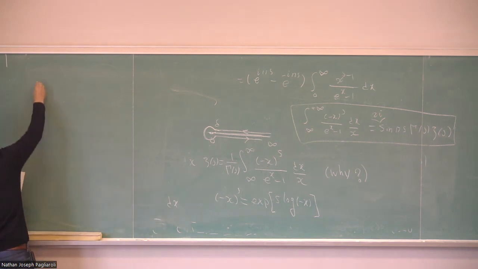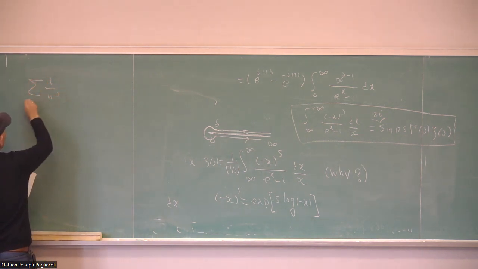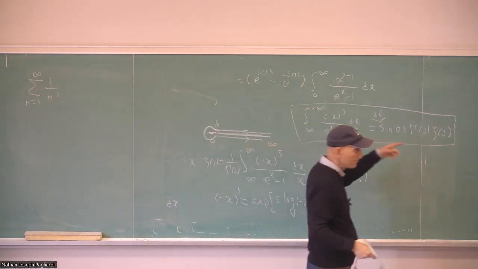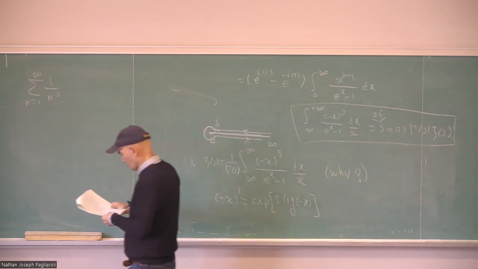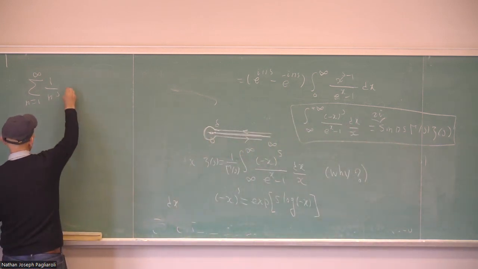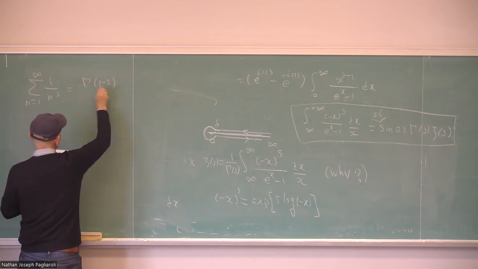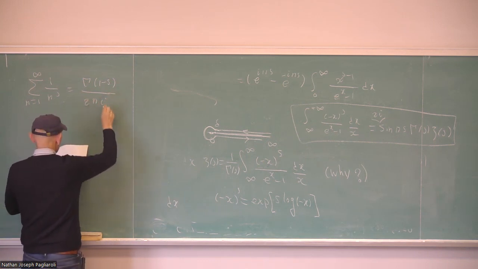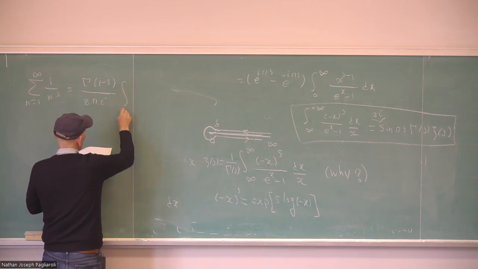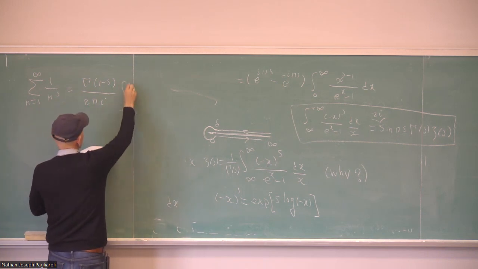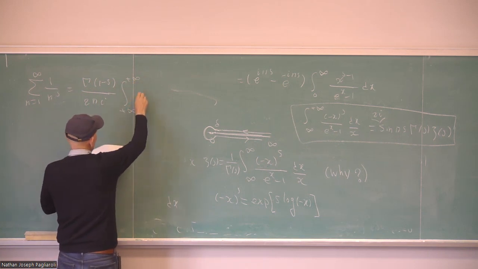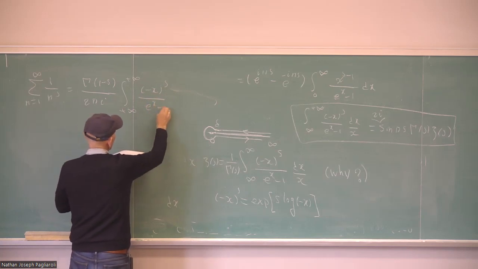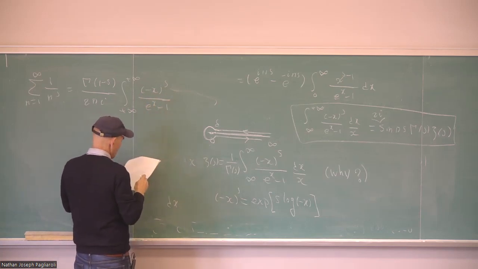The sum of 1 over n to the s, n from 1 to infinity, which was the original definition of zeta, is equal to gamma of 1 minus s over 2 pi i, times the integral to plus infinity of minus x to the power s over e to the x minus 1, dx over x.